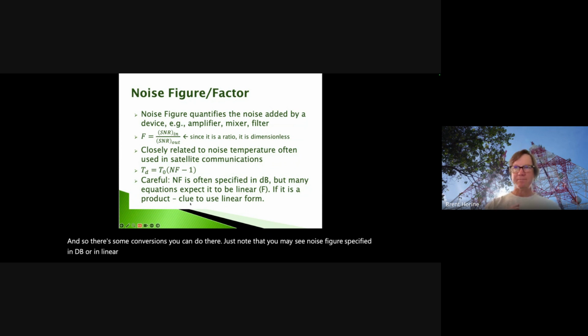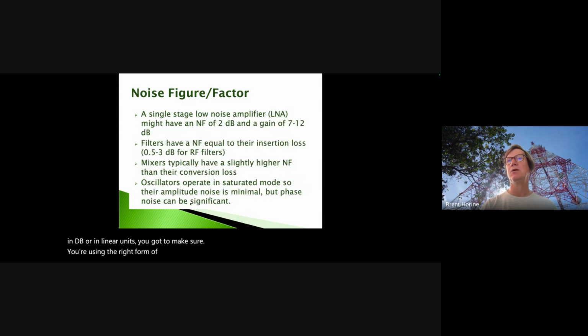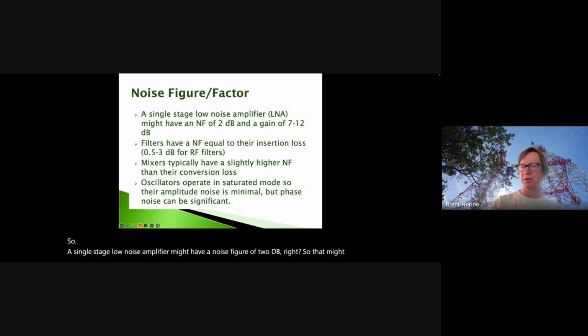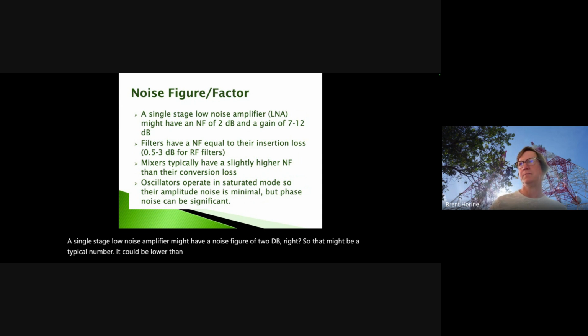You've got to make sure you're using the right form of that in any given equation, right? So a single stage low noise amplifier might have a noise figure of 2 dB, right? So that might be a typical number. It could be lower than that. Could be higher than that, right? And a gain maybe somewhere around 7 to 12 dB, maybe 15.